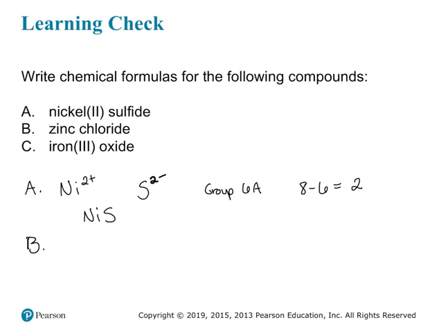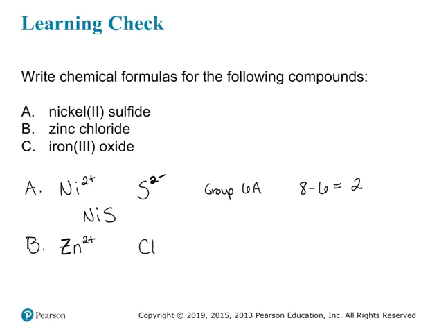Okay, now for B, zinc chloride. Now remember, zinc is one of those transition elements that just has one charge state, and that is 2 plus. So zinc always has a 2 plus charge in its ionic form. What about chlorine?